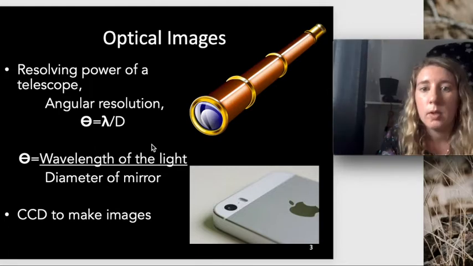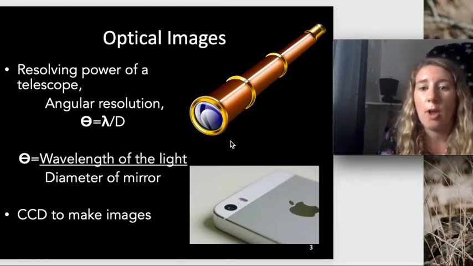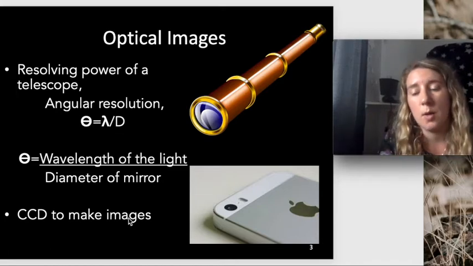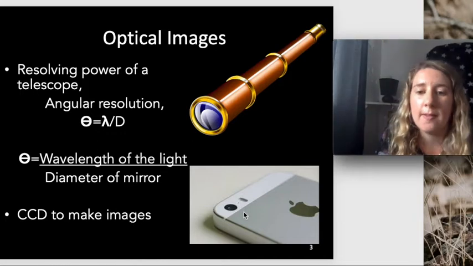So these days we don't use lenses. We use large mirror telescopes with what we call a CCD camera on the back of the telescope to collect all those photons of light and make the image. And this is exactly the same technology that is in your smartphone.